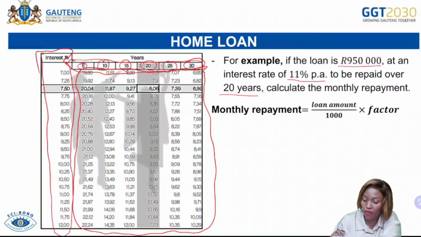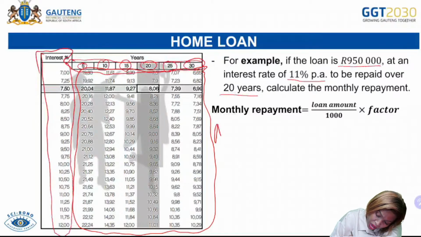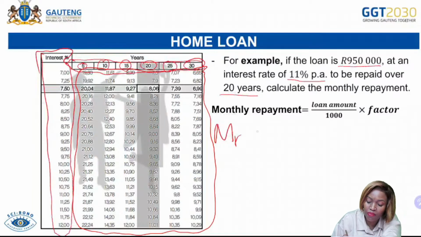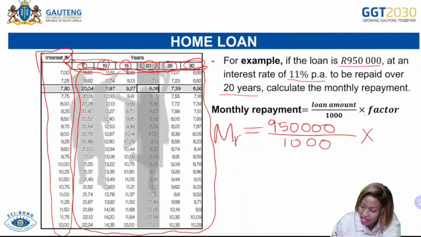Remember, I said that this formula will be given to you, so there's no need to memorize it. So I will say MR is monthly repayment. It's not master. Monthly repayment equals, what is the loan amount? It is 950,000 divided by 1,000 times the factor.